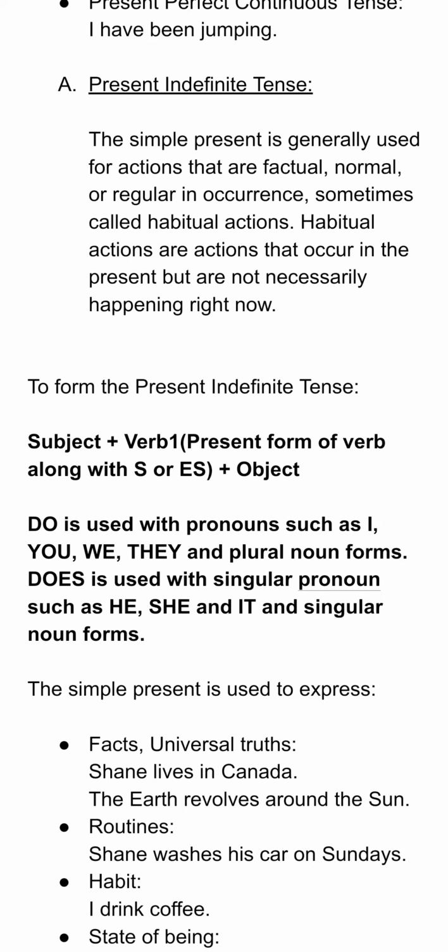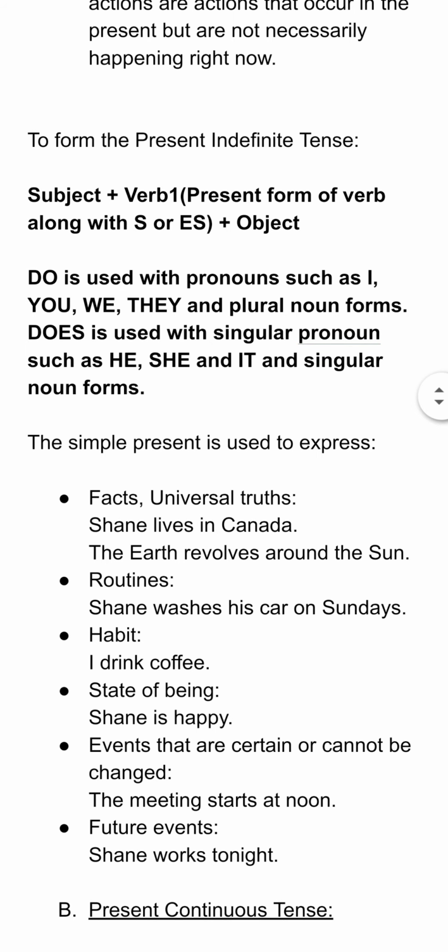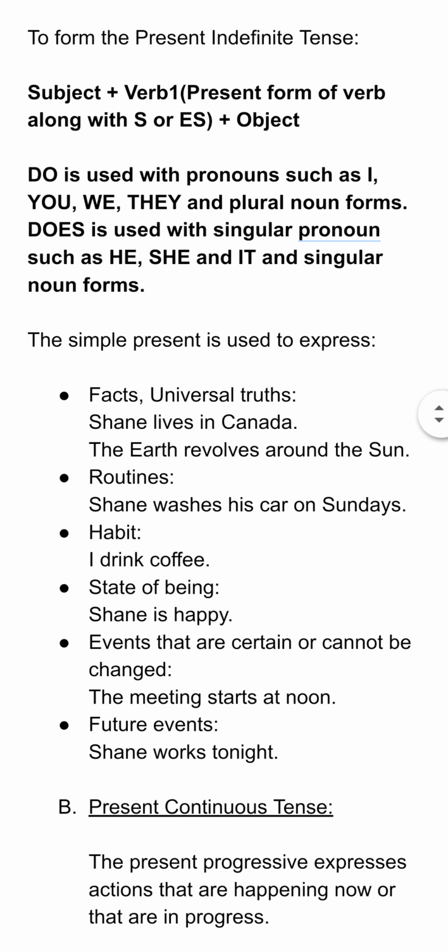Right? The simple present tense or the present indefinite tense is used to express facts or universal truths. For example, Shane lives in Canada. The earth revolves around the sun. Second one, routines. For example, Shane washes his car on Sundays.